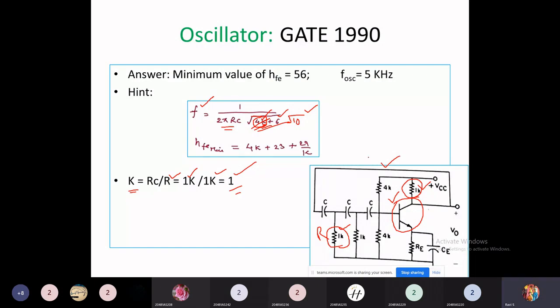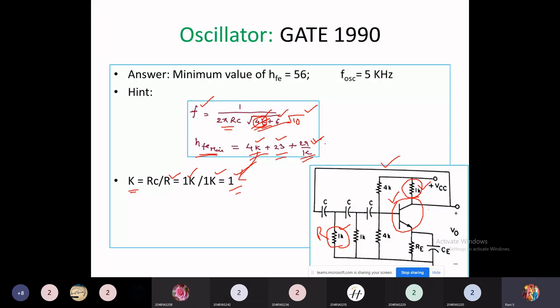What about HFE minimum? The minimum value of HFE of the transistor required in order to establish oscillation is 4K plus 23 plus 29 by K. This is again a formula which requires derivation available in standard textbooks. You can refer to it. Here the value of K equals 1.